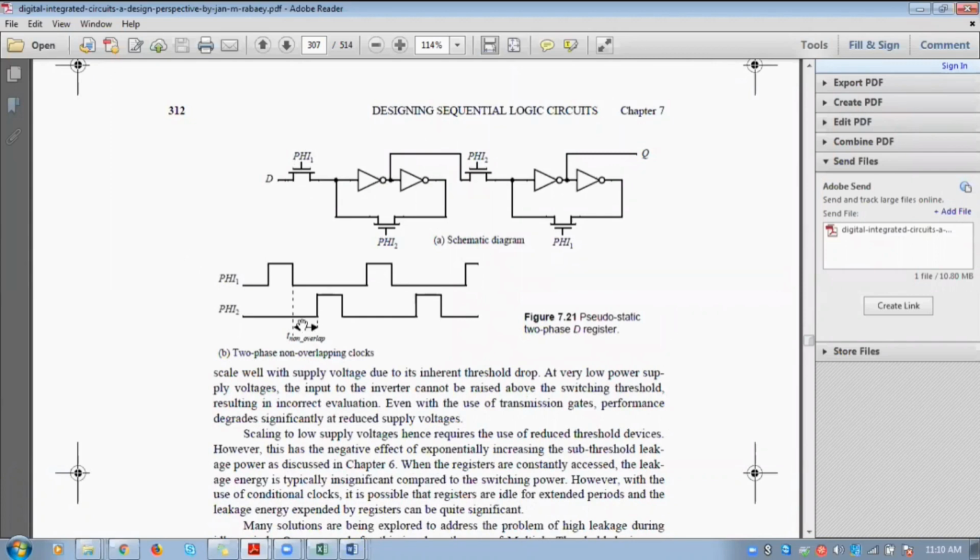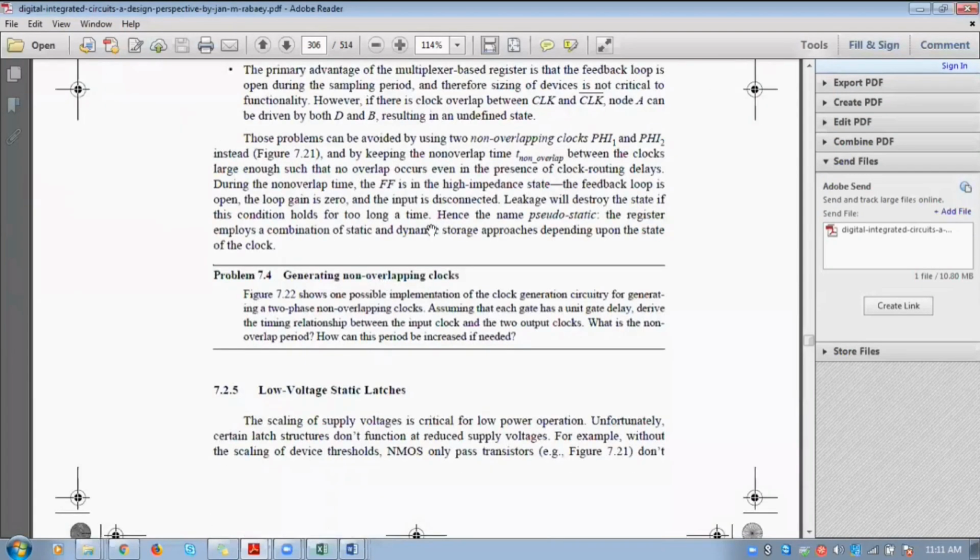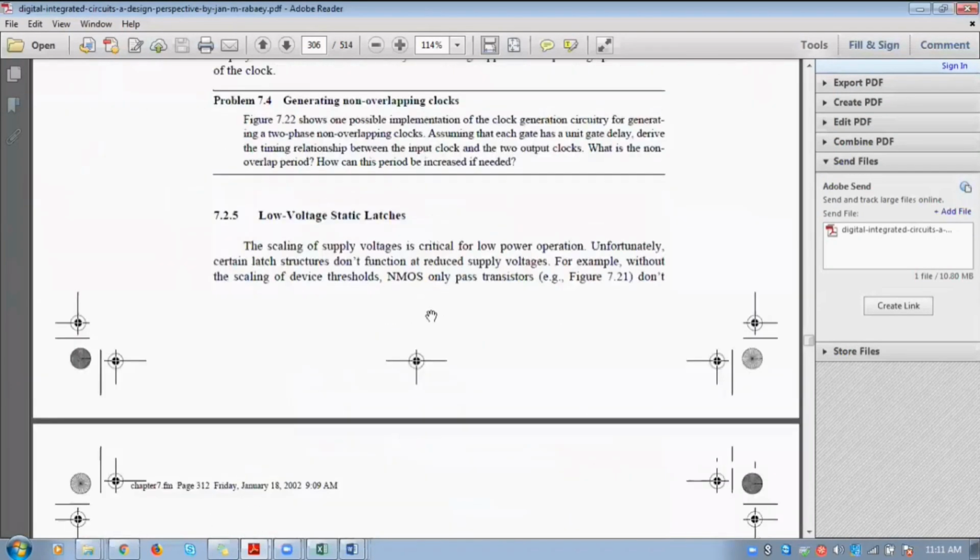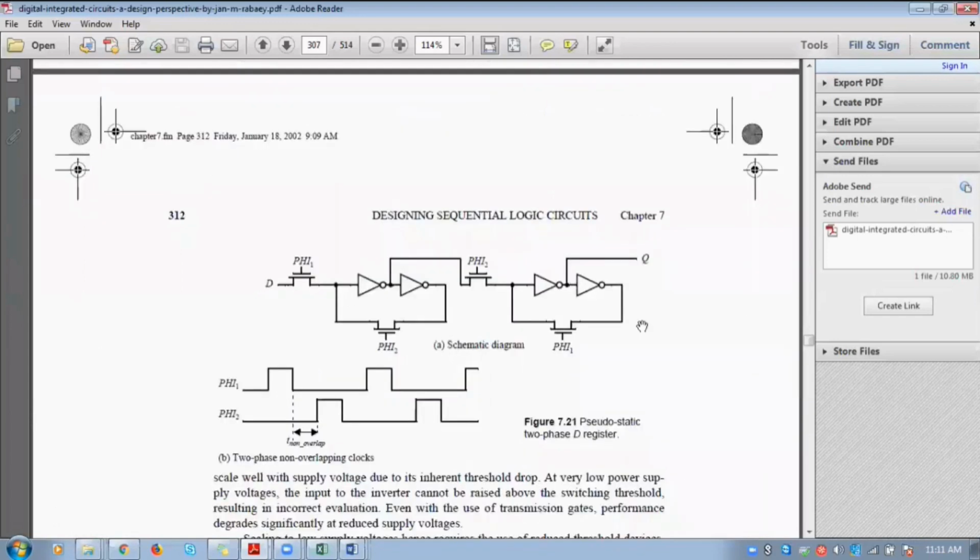It is differentiated with the time parameter t non-overlap. Now in this case, for PHI1 and PHI2, there is no overlap, and you don't have any problem as we discussed in this diagram. So either master or slave will be in transparent mode at a time. In the next phase, either one will be in hold mode.